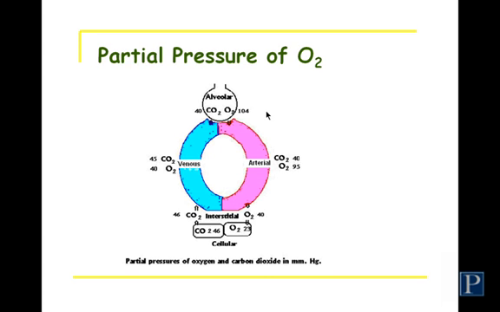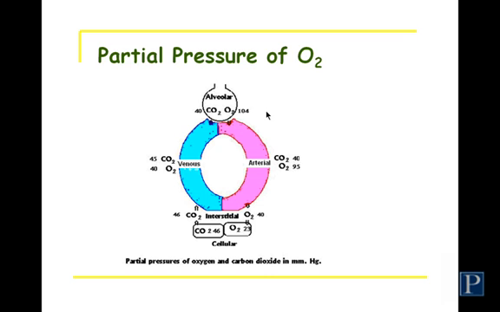So about 98% of the blood in the left atrium is from the pulmonary circulation. 2% is from the bronchial circulation, which is relatively deoxygenated. So the partial pressure of that blood is only about 40 millimeters of mercury.